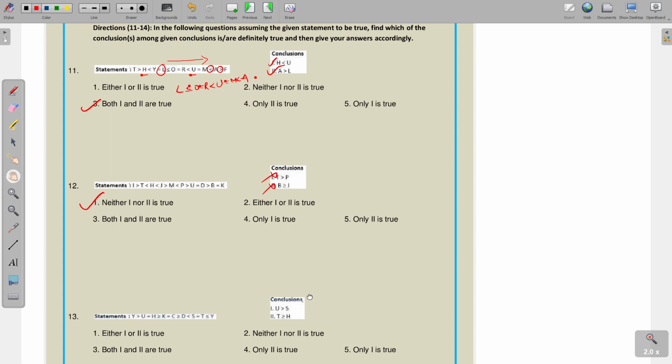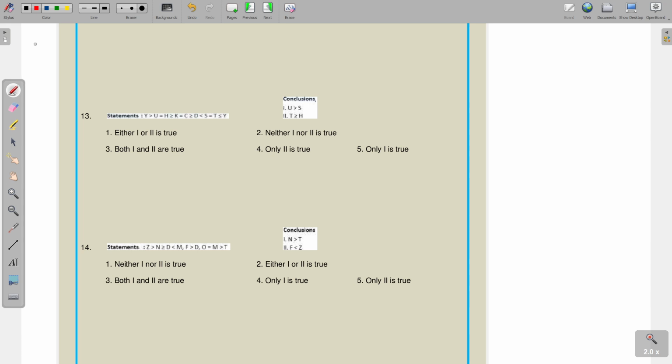And next, coming to the 13th one, u greater than s. So u here and s here. Here we have an opposite symbol, so the first conclusion does not follow. And coming to the second one, t greater than or equal to h. So t here and h here.